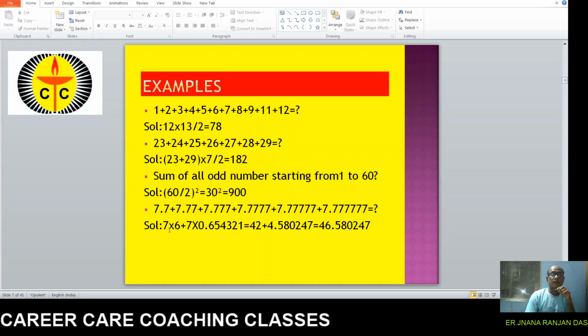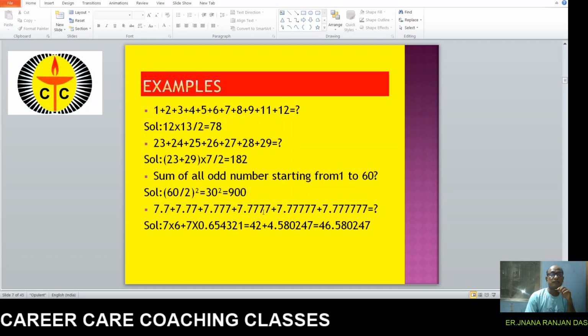And here is another type, which is a whole number plus a decimal number, a combination of the two. Suppose the sequence is like this: 7.7, 7.77, 7.777, like this. In this case, 7 is the whole number component in each.